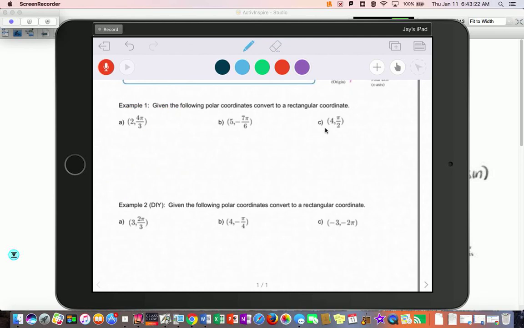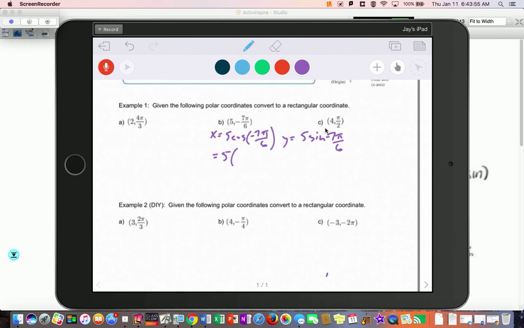Do the same thing for X equals 5 cosine of negative 7 pi over 6, and Y equals 5 sine of negative 7 pi over 6. So now negative 7 pi over 6 is really negative 210 degrees.